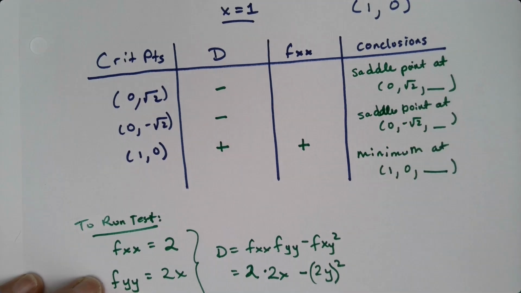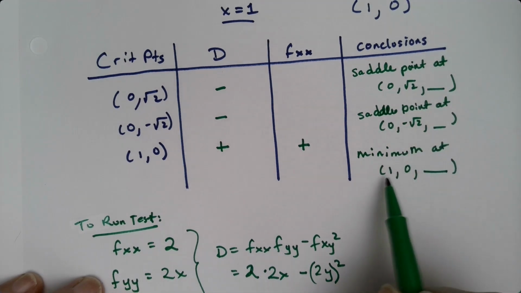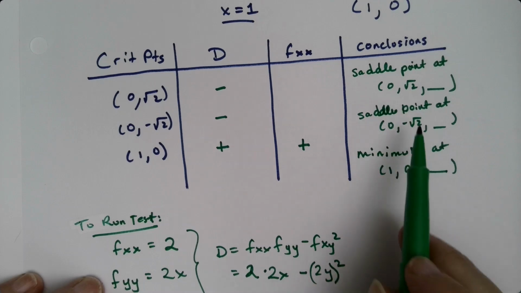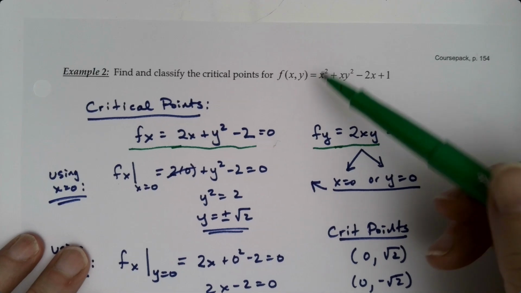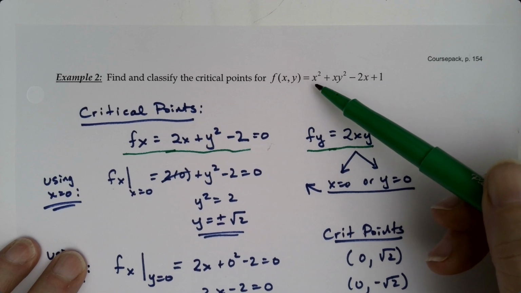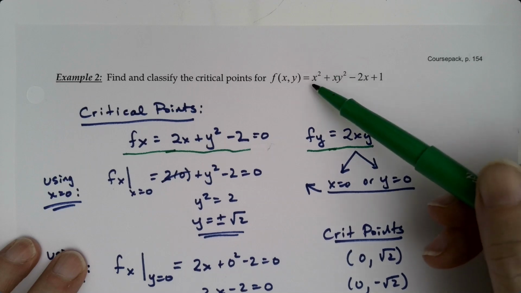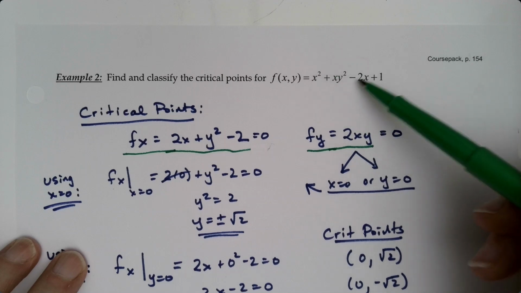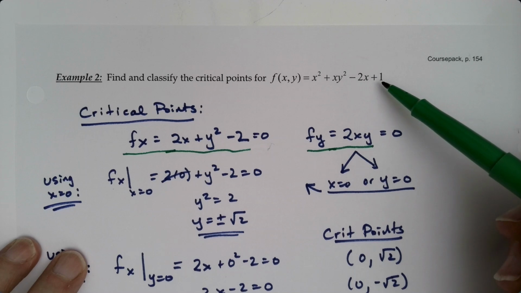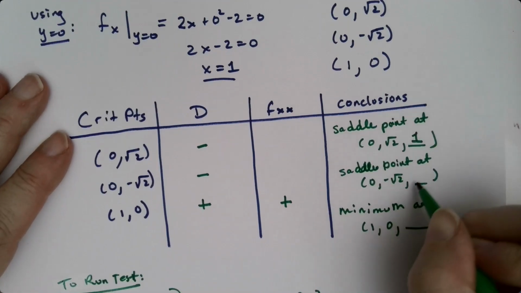Okay, so how do we find the somethings? Well, we just take the values and we plug them back into the original. So if I put 0 in here and 0 in here and the square root of 2 in for y, I'm going to have 0, 0, 0, and 1. So that's really easy. So this is 1 and this is 1.